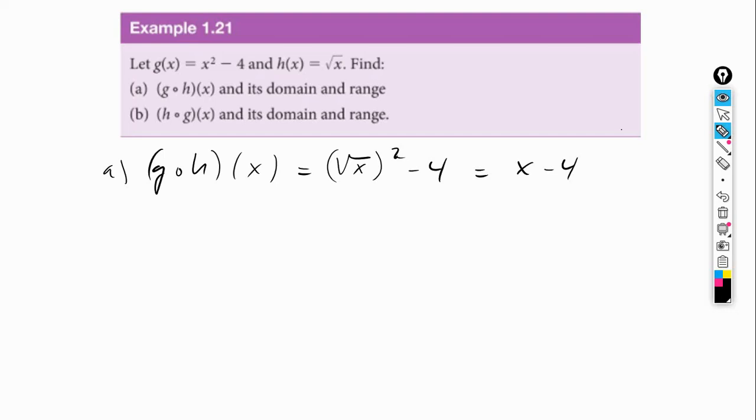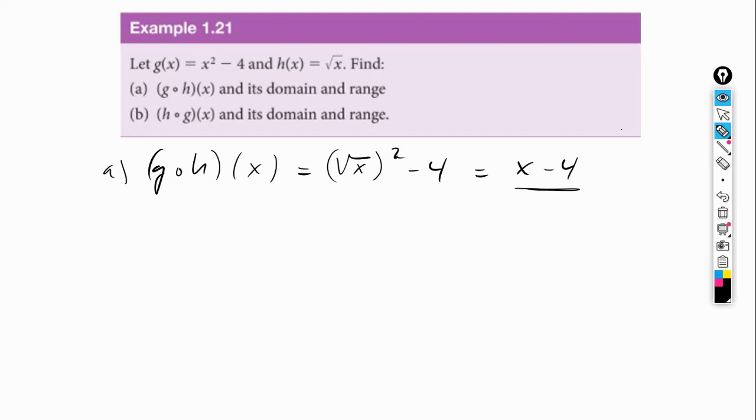Okay, so now it's domain and range, and you have to be careful because if you base your answer on the resulting function, it's going to be wrong in this case. Notice that x minus 4 has a domain that is all real numbers and a range that is all real numbers, or you can also say from negative infinity to positive infinity.